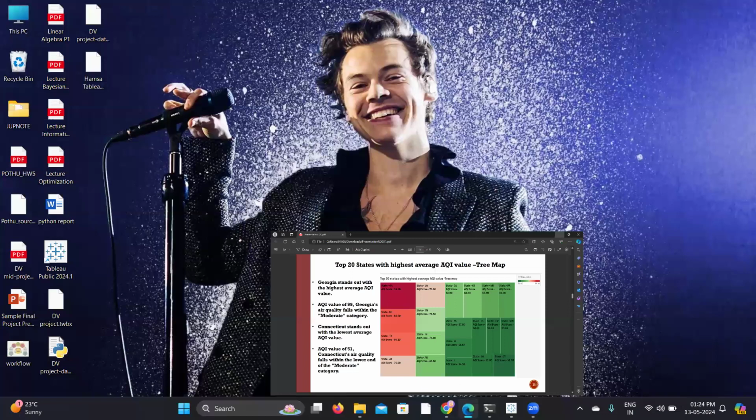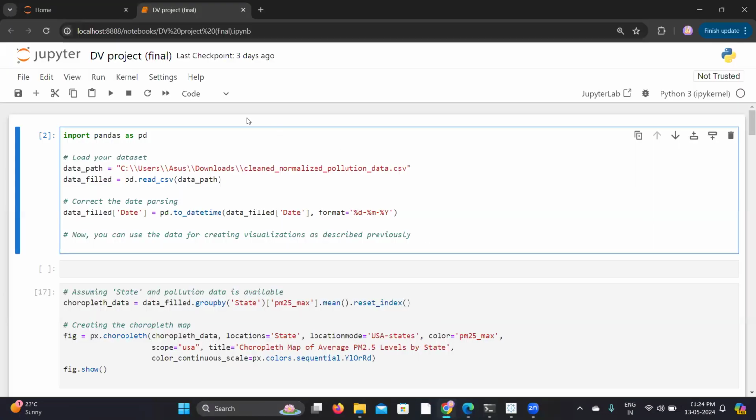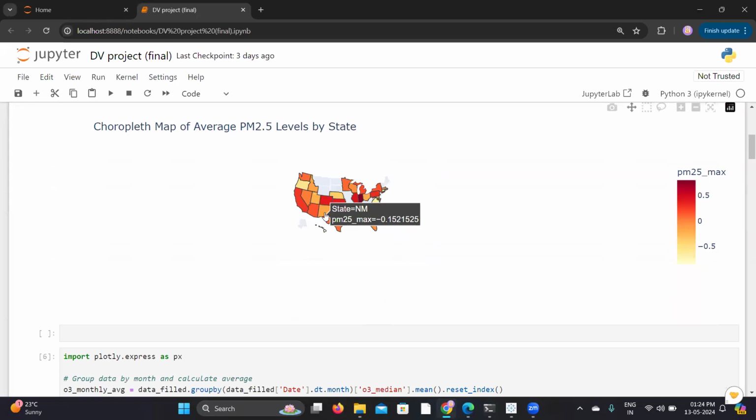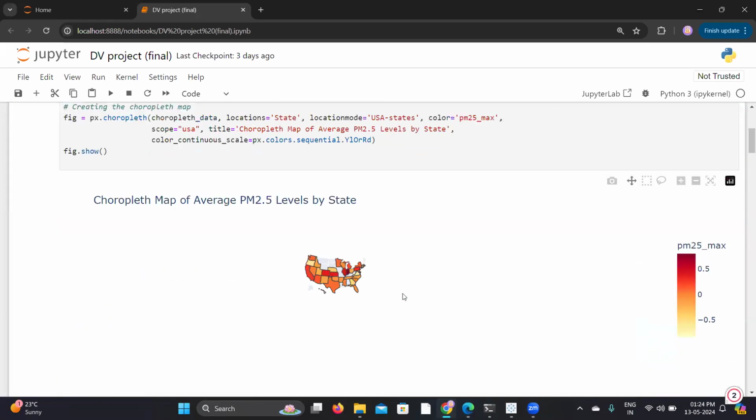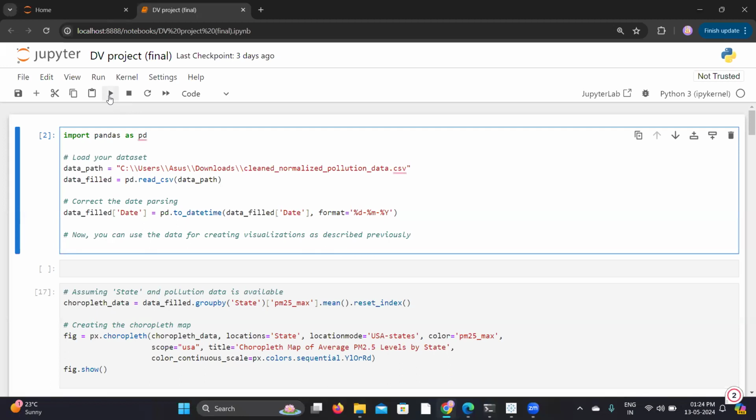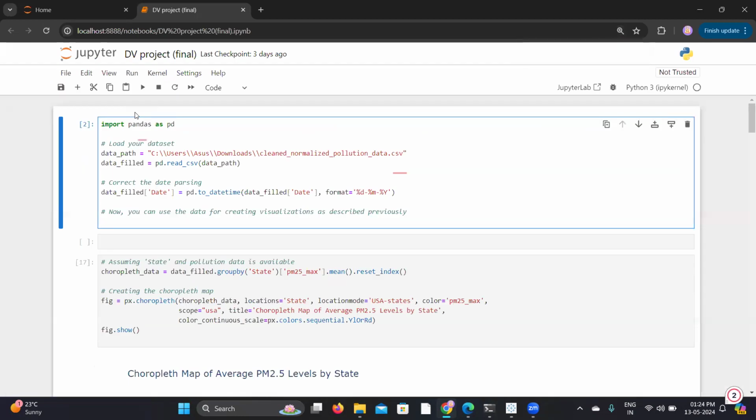Now I'm opening my Jupyter. Here I have the code of all the visualizations we have done. Let me run it live. Now I ran the entire cells.